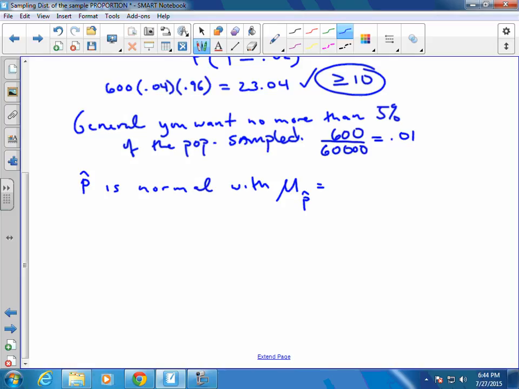The mean of the variable p hat is going to be 4% because that was the population proportion. And the standard deviation is going to be the square root of p times 1 minus p over n. So again, we have a normal variable.